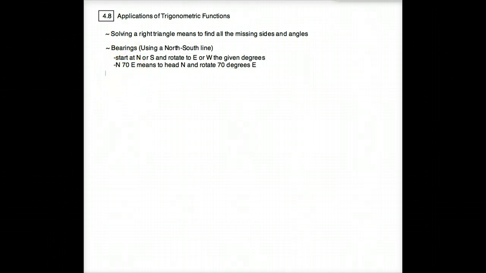And so the way that that would look, let me get my pen tool back here rather than the typing tool. Now we've got the degree sign in there. North 70 east would just mean, first I'm going to travel to the north, and then rotate 70 degrees to the east, which means this is what the bearing would look like, because we went north and then we rotated.